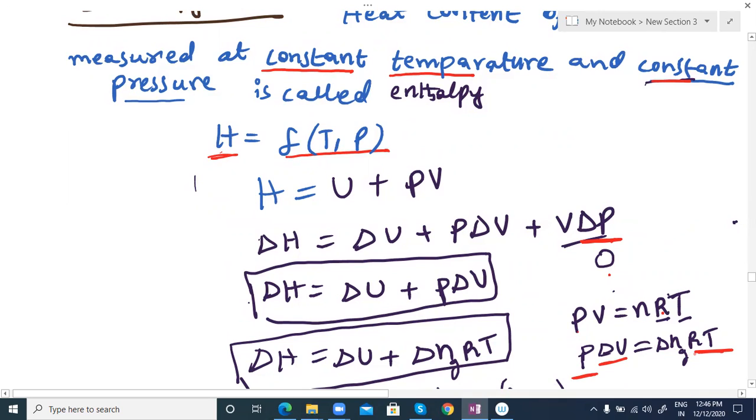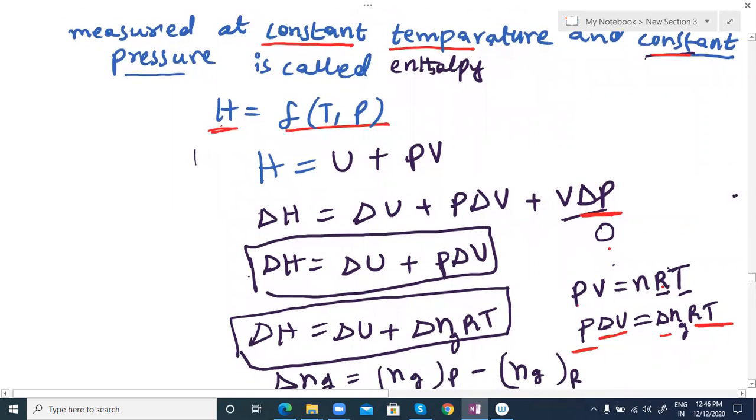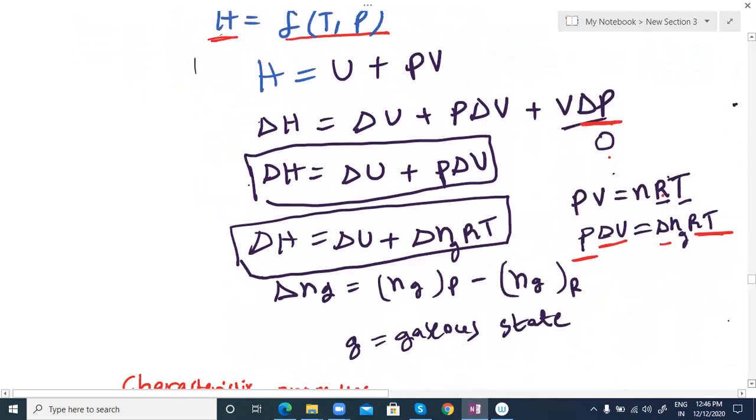R is anyway constant, so which one is changing? Here only delta n. I wrote here g as one symbol; we observe that g indicates gas state. So delta H equals delta U plus, in place of P delta V, I can write delta n_g RT. Delta n_g equals the gas state number of moles of products minus the gas state number of moles of reactants.